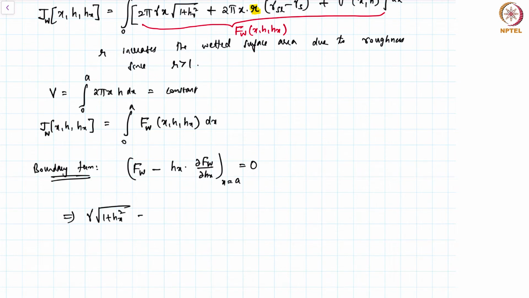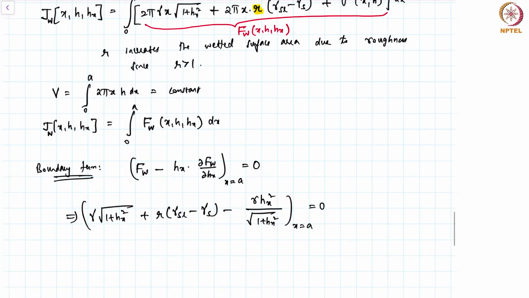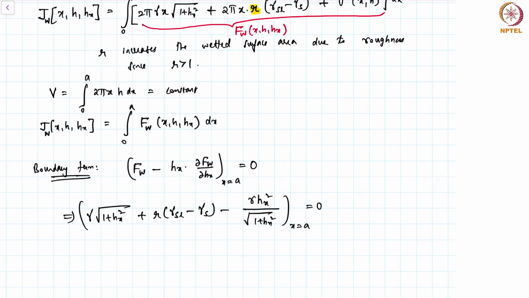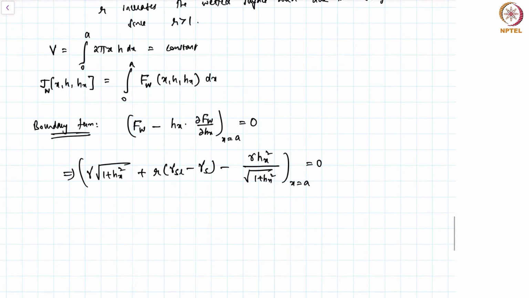I have 1 plus hx square. Now I have r times gamma SL minus gamma S minus gamma hx square by square root of 1 plus hx square evaluated at x equal to a. Note that I'm not doing this derivation again in detail. I'm not taking the derivatives and substituting into this boundary condition again, because this is very similar to what we had done in a couple of earlier lectures.